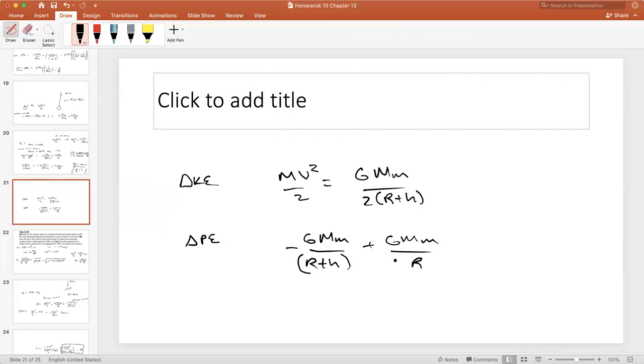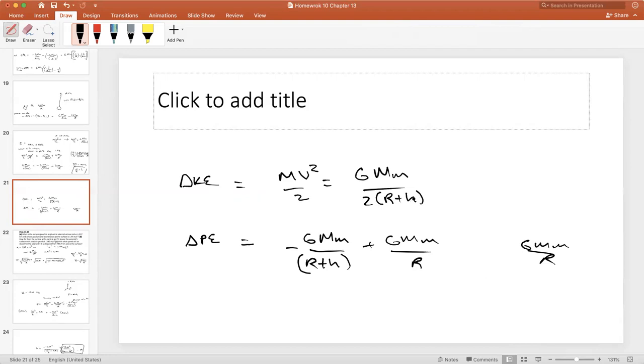Now, as we go up, eventually this gets less and less. The change in potential energy becomes less and less, until it eventually just becomes GMm over R.